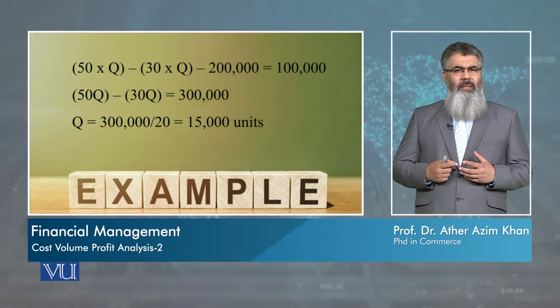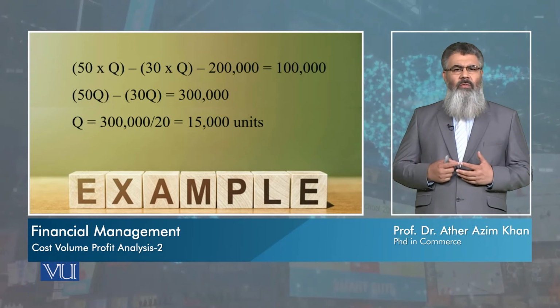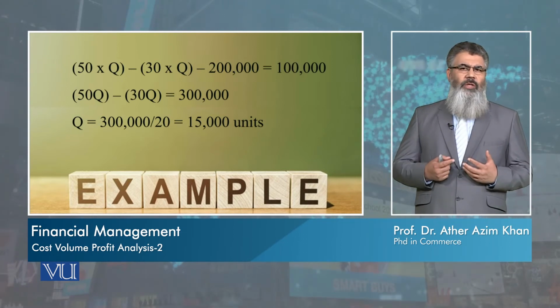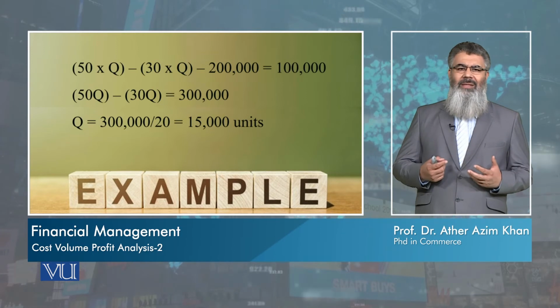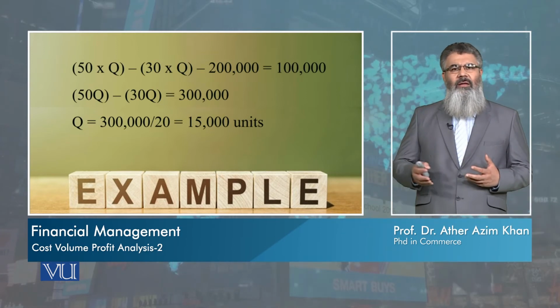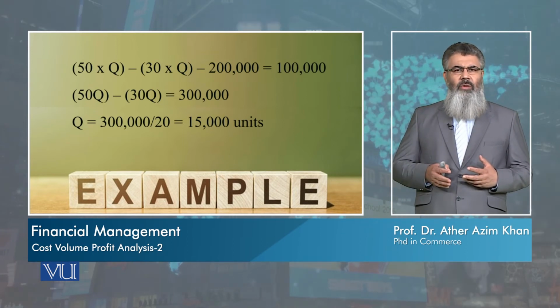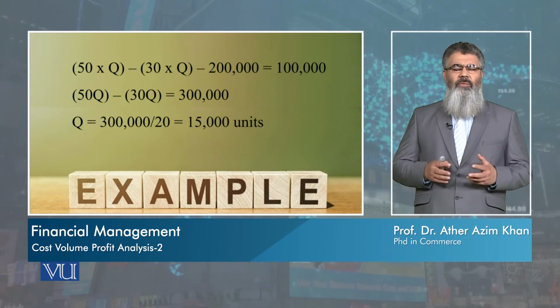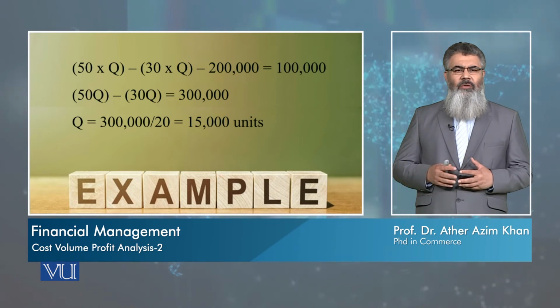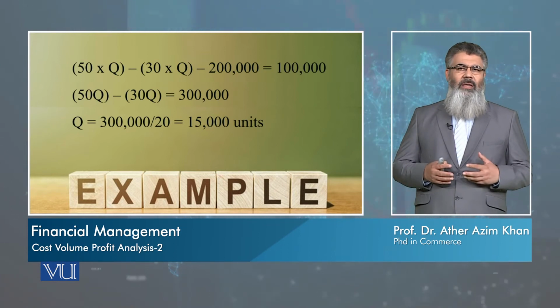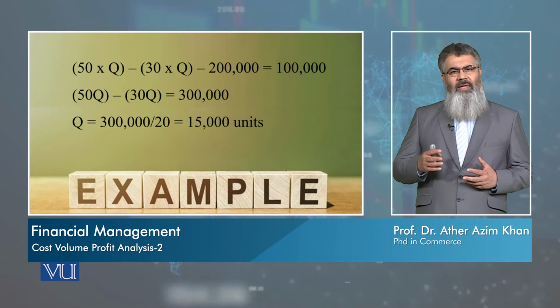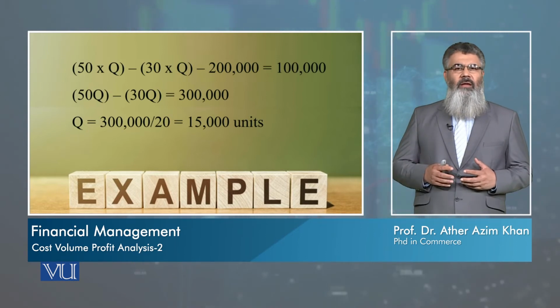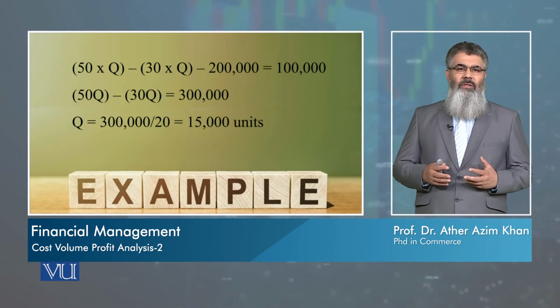If we have one equation and only one unknown variable, then from that one equation we can determine its value. So we take the fixed cost on the right hand side. So on the right hand side we have got 300,000, and then when we subtract 50Q minus 30Q we get 20. So keeping Q on the left hand side and dividing 300,000 by 20, we get 15,000 units.